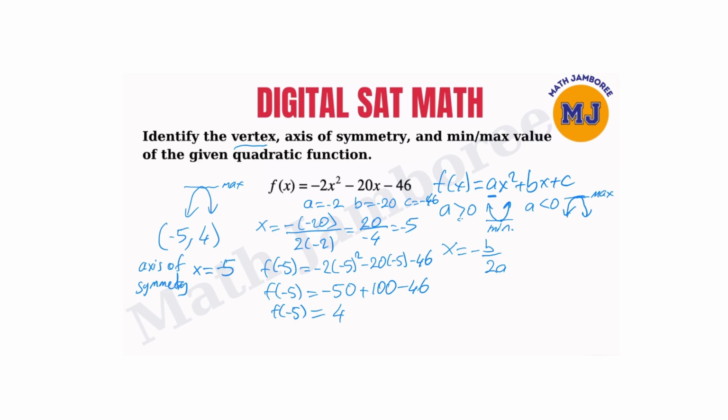On negative 5, the parabola will be reflecting, and the minimum and maximum value, this is f of negative 5, will be 4, which is our maximum value. Maximum value is 4.